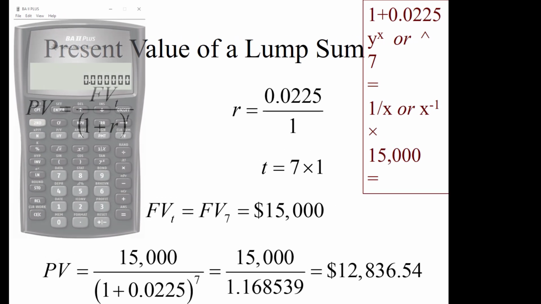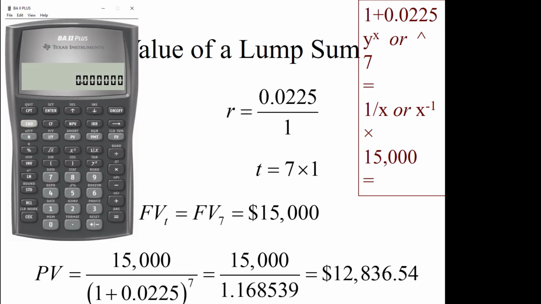And so there are a couple of different ways that we could type this into our calculator. We could take 1 plus 0.0225 equals, then our exponent button, or y to the x button, raise it to the 7th power, equals, and we find that's the value in our denominator, 1.168539.